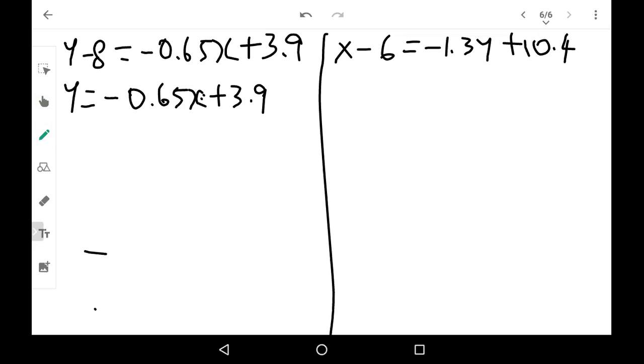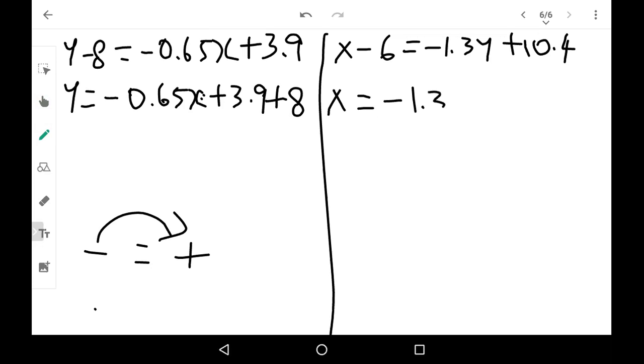One side, if it is minus, it goes to the other side, it will become plus. So plus 8. Similarly, x is equal to minus 1.3y plus 10.4, and minus 6 to the other side will become plus 6.